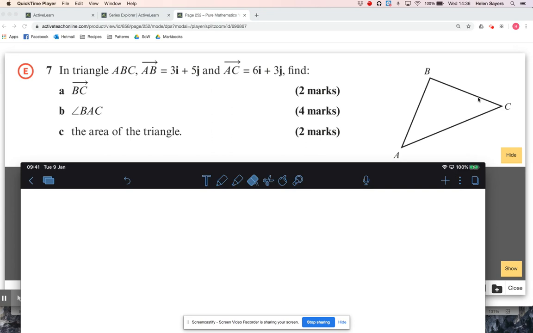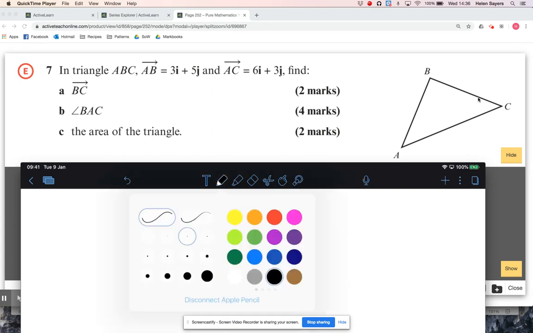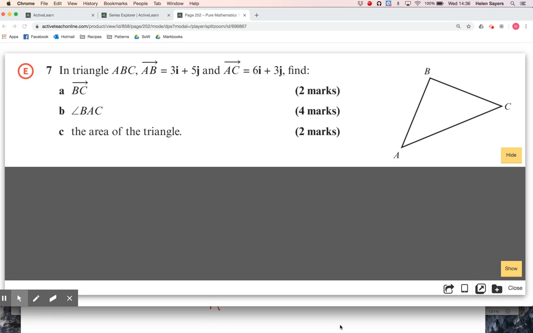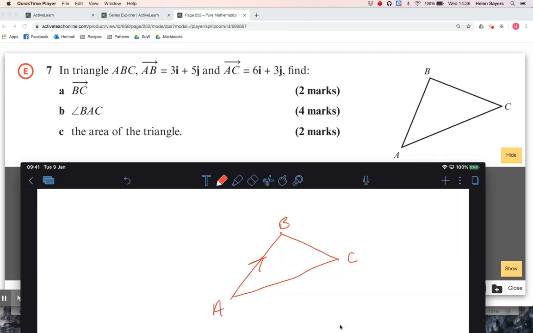Okay, so if I just sketch out the vectors very roughly, A, B, C. I'm given vector AB, so I have that vector there, and I have vector AC.